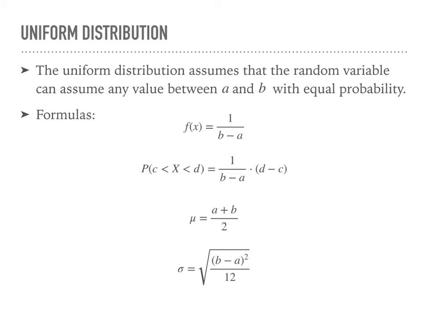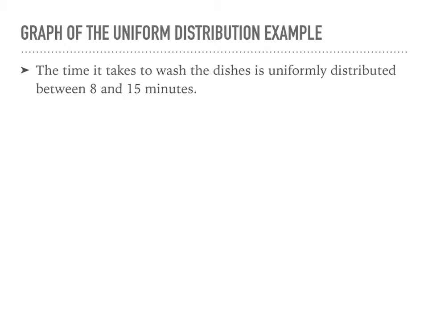So let's take some time and get familiar with this uniform distribution by taking a look at the graph of one such uniform distribution. The time it takes to wash dishes is uniformly distributed between 8 and 15 minutes. So that means f of x equals 1 over 15 minus 8, or 1 over 7.